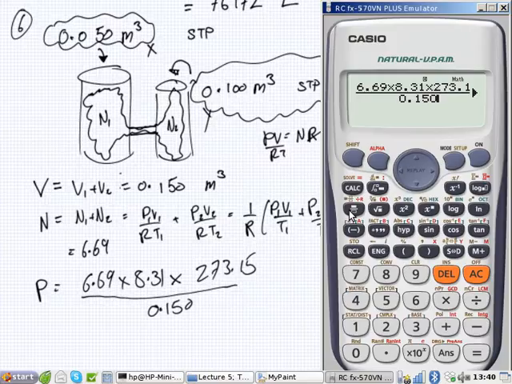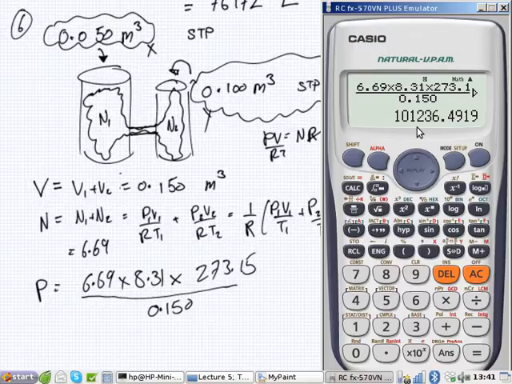I wonder how it will be affected when they're combined together. Let's see what happens. I wonder if it will also be 1 atmosphere. And that looks like 1 atmosphere as well, isn't it? Roughly. It's probably because I was rounding off these two numbers here.